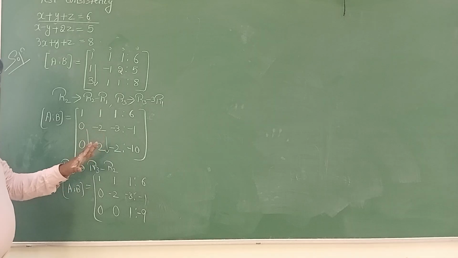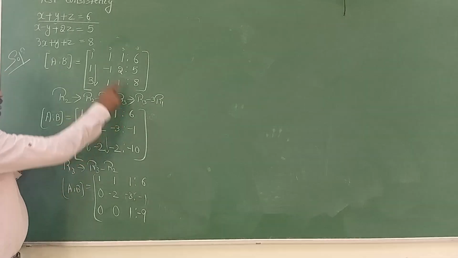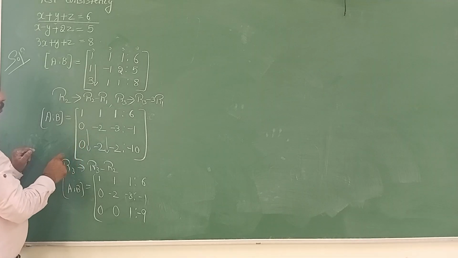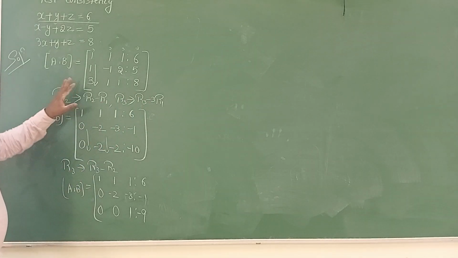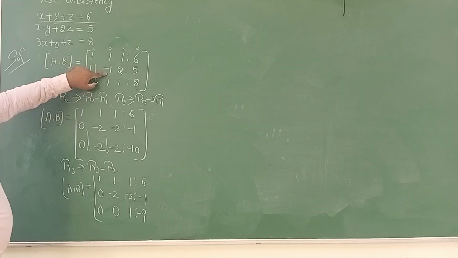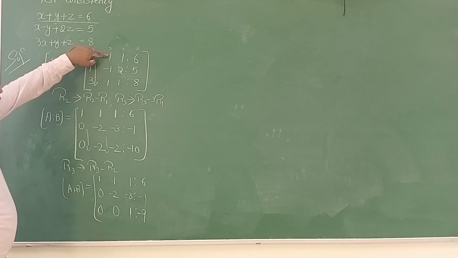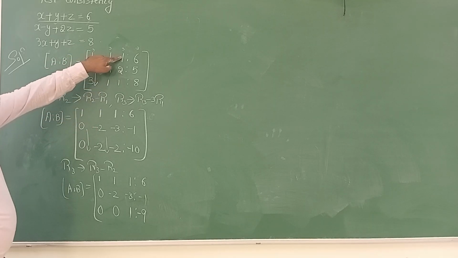This one, I hope it is clear. 1, 1, 1, 6 as it is. This one is R3 minus 3 R1. These two operations: 1 minus 1 is 0, minus 1 plus 1, I mean minus of minus, it becomes minus 2. I have written 2 minus 1.